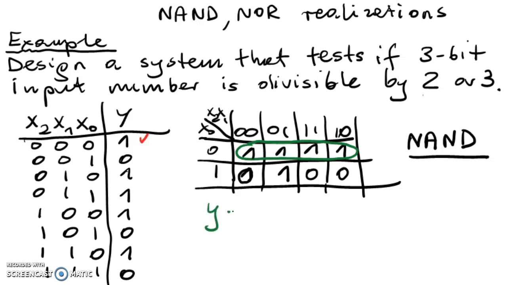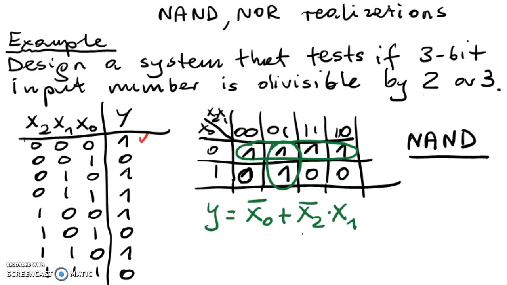So y is equal, for this group, only x0 doesn't change, so that's why the product, not x0, is here. Then you must add the second group, and in the product you've got x2, which must be inverted, times x1 without inversion.